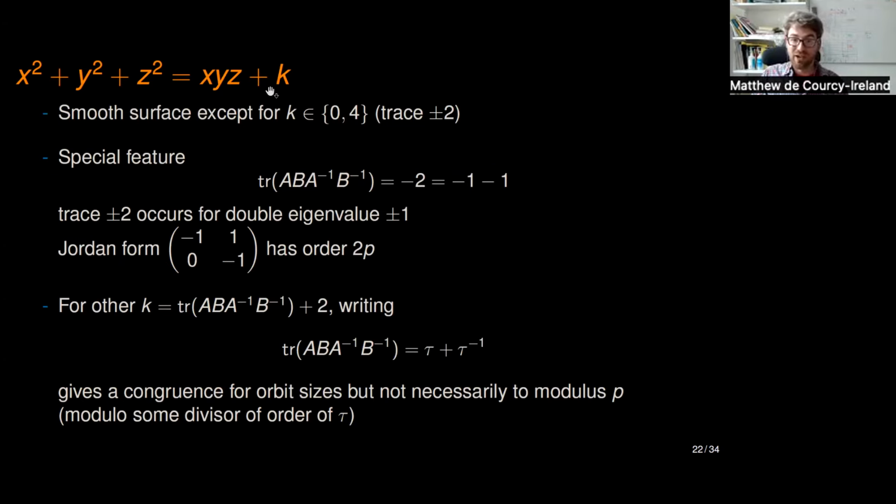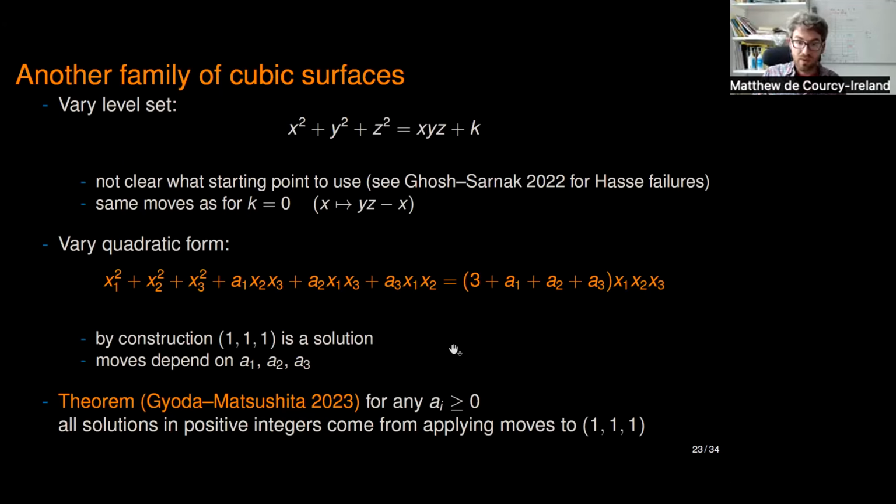For other values of k, you get congruences, but as p varies, the size of the modulus will just be the order of some number mod p. So that's Markov plus k, varying the level set. Another family of cubic surfaces is to vary the quadratic form.